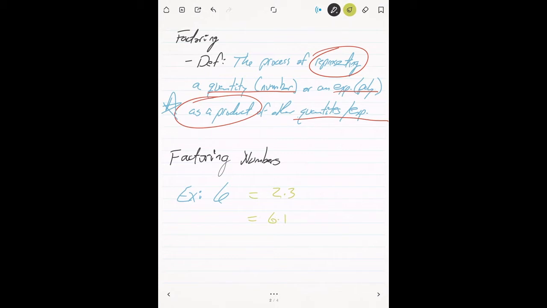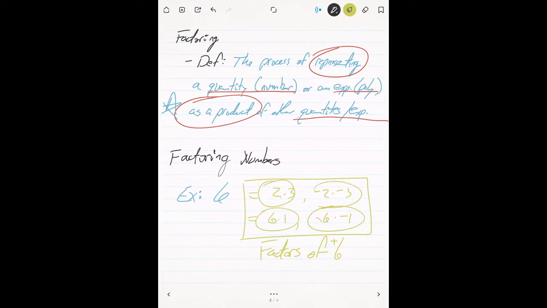We could also say, hey, why not, that we could also have had -2 and -3, or -6 times -1. These are all factors of positive 6.